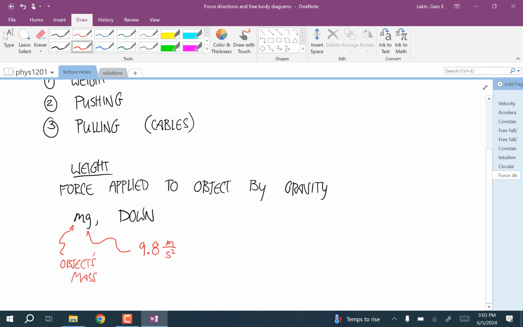Okay, so an object that has more mass has a bigger force of gravity applied to it. That's what you're feeling if a small dog sits in your lap and it's comfortable, a giant dog sits in your lap and it's a little painful. That's because gravity is pulling harder on things with more mass.